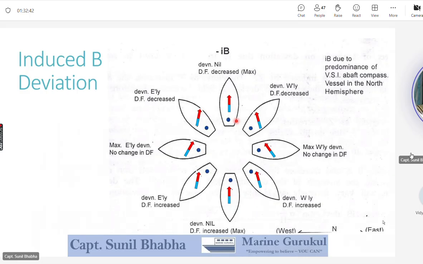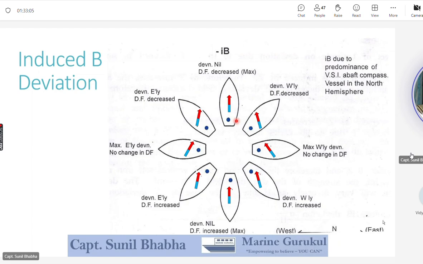And thirdly, the funnel is located very close to the compass. The top of the funnel is almost level with the compass card. Being the largest structure and also being very close to the compass as compared to maybe the forward mast or the cranes, it gives us the most predominant effect.